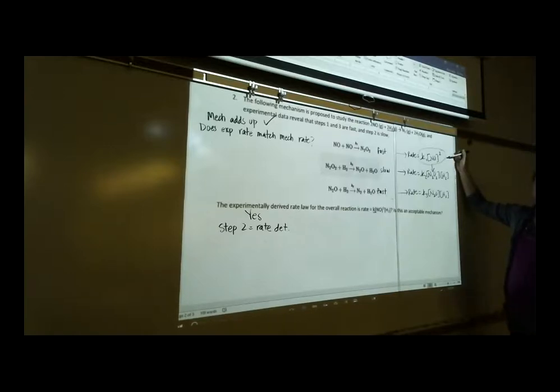So if this one occurs super, super fast, that means that I can plug it in here as concentration of N2O2. Because where is the concentration of N2O2 coming from? It's coming from step 1. You see?